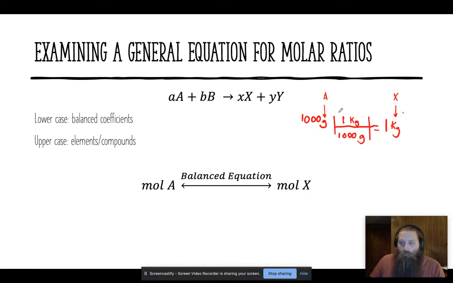And in order to do that, I had to have a conversion, right? The thing about a conversion factor, or that bracket, is that whatever's in that bracket has to be a true statement. It has to be valid.